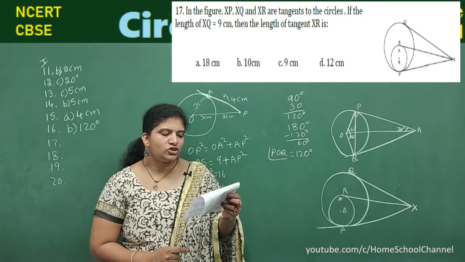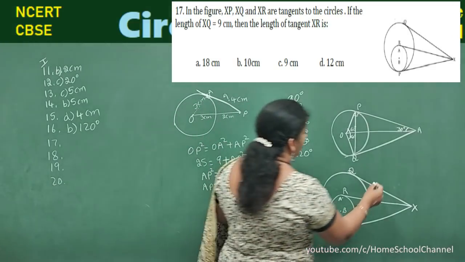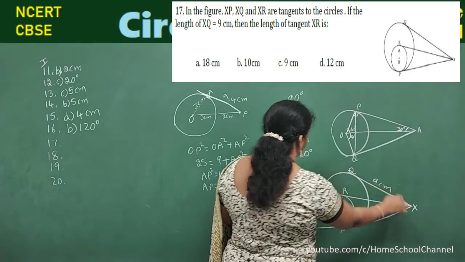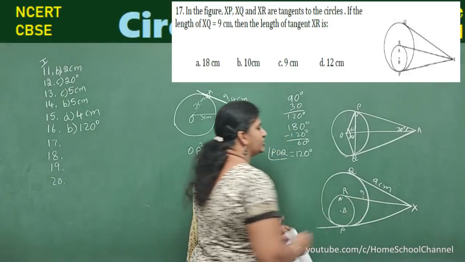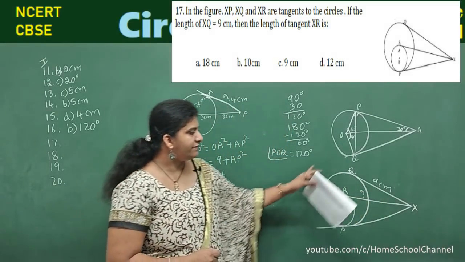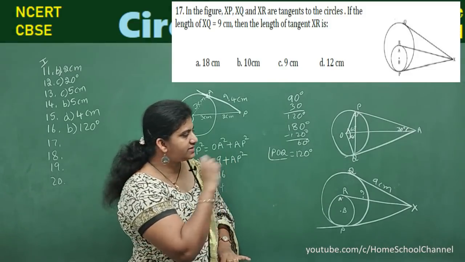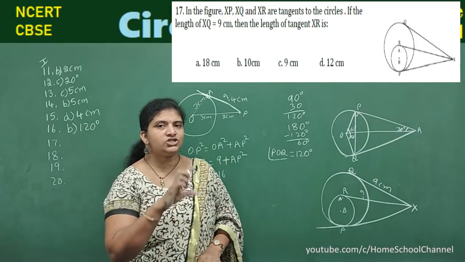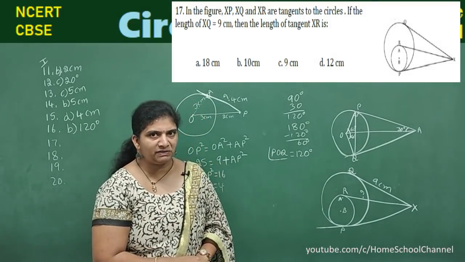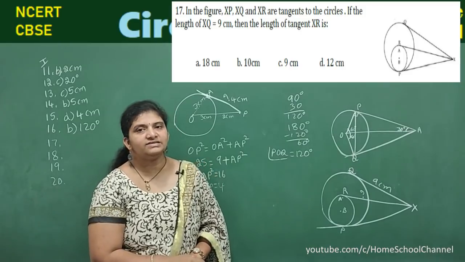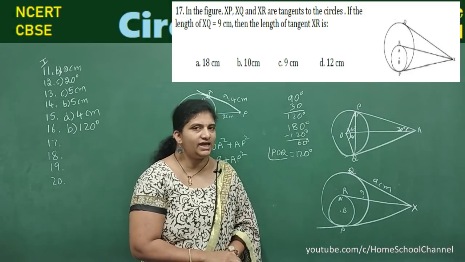If the length of XQ is 9 centimeter, then the length of XR, this is your question. Observe first big circle. X is external point, which 2 tangents are equal? XQ is equal to XP. By theorem, we can say that tangents drawn from an external point length will be equal.